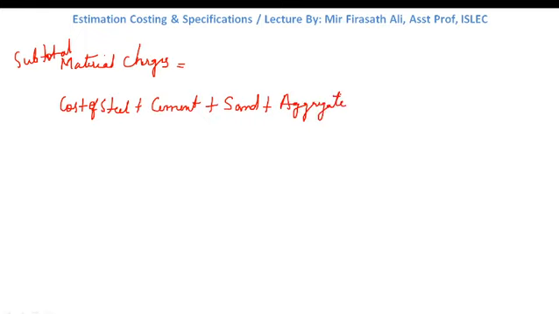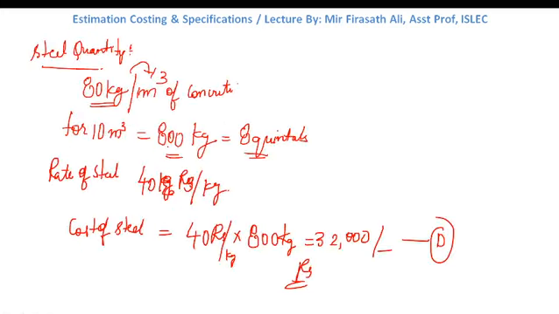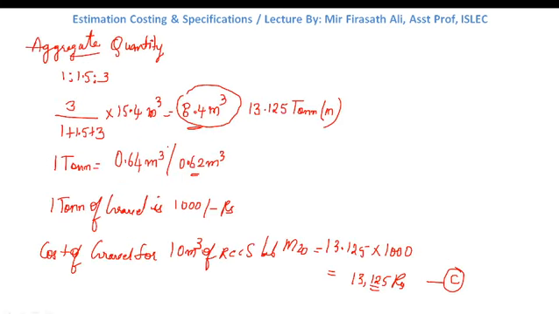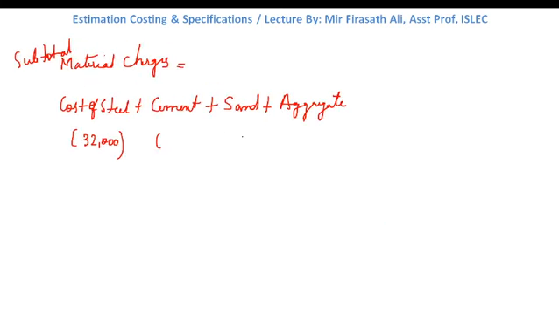These are the subtotal of material charges. The cost of steel, just now worked out, is 32,000 rupees. 13,125 is for aggregate.